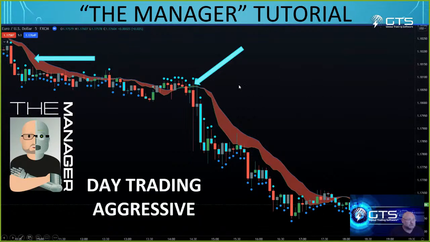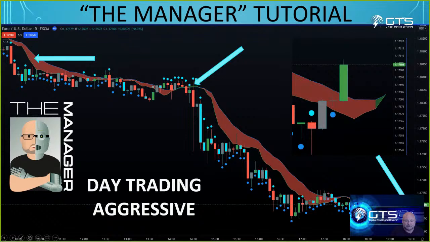But then once we start to go parabolic here, then we change to aggressive. There's one thing you've got to do. Go into the settings, get a parabolic move, and a parabolic, I mean, it's pretty obvious. Look at these big candles coming down here. This, compared to the start of this move, is parabolic. We come down, we change it to aggressive.